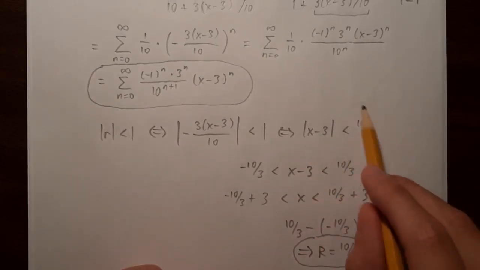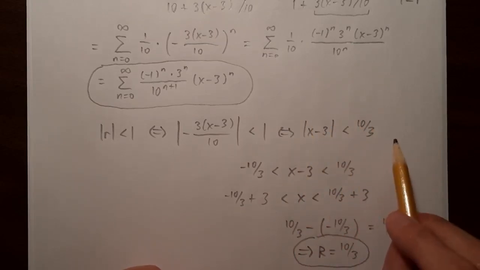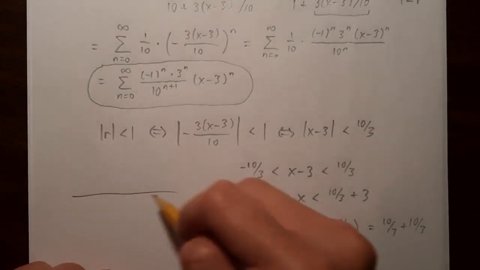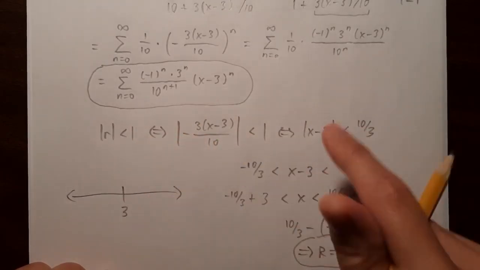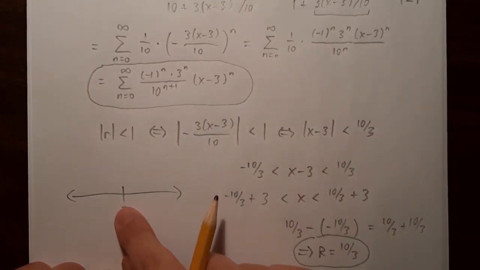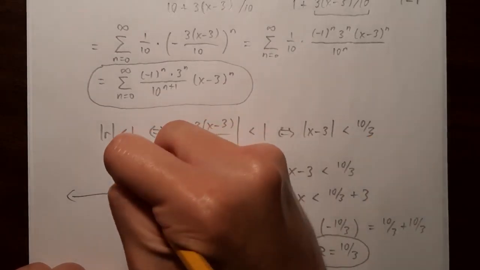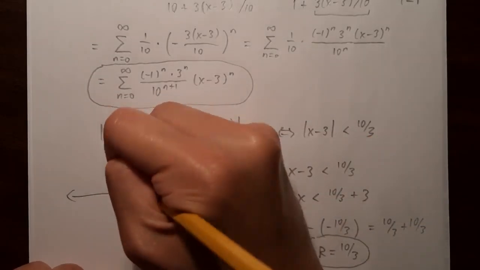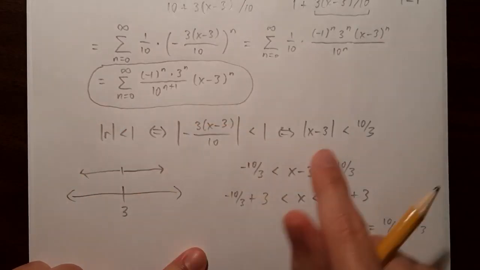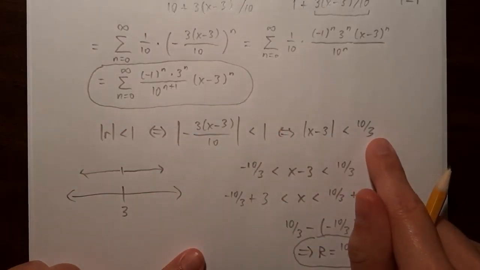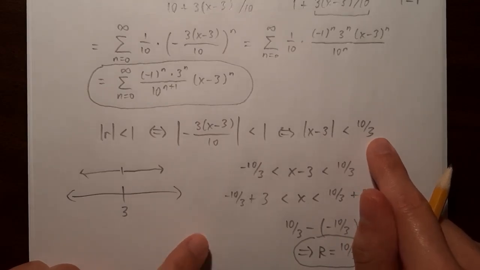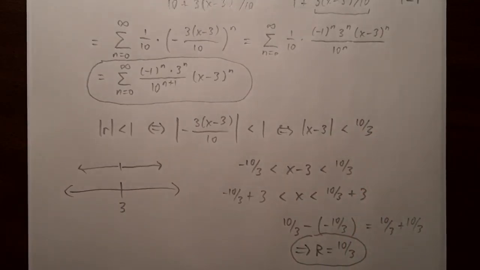So I'm saying over here, this expression is saying geometrically, more or less, that on the number line, x can be no further away from 3 than 10 over 3. The furthest distance in either direction that x can wander away from 3 is 10/3 units away from 3. So in other words, that's a radius. It's the length of the leash that x is attached by.